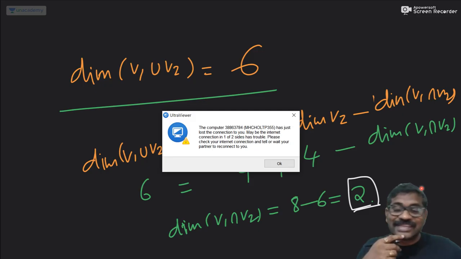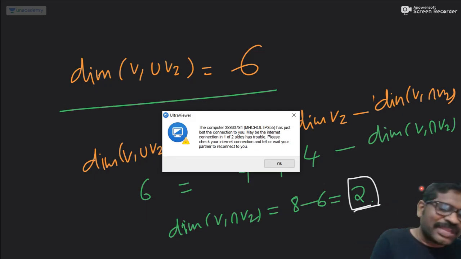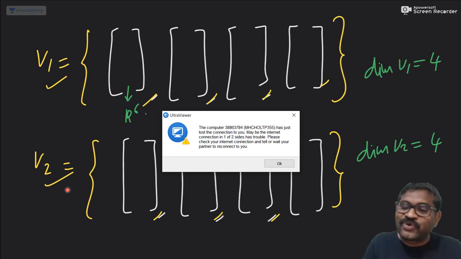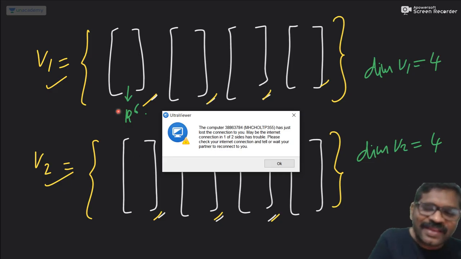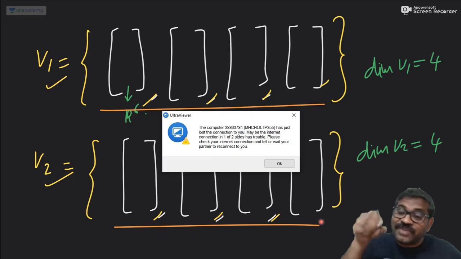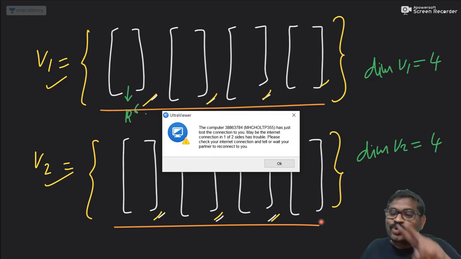Sir, what is this, dimension of V1 intersection V2 is 2? What does it mean? Very simple. You have written 4 vectors here in V1 and 4 vectors in V2. In that V1 and V2, 2 vectors are common.